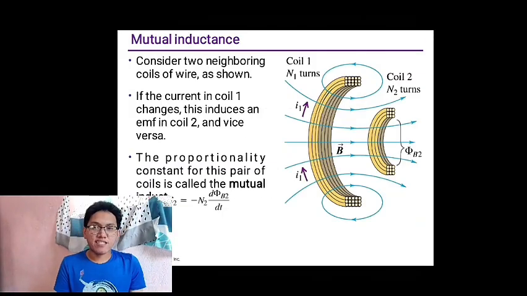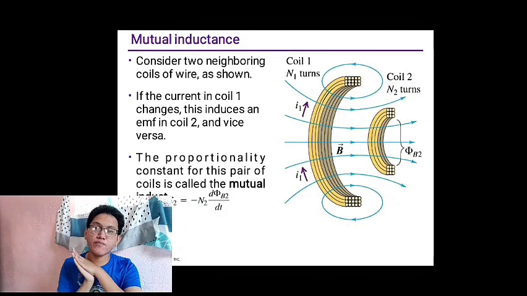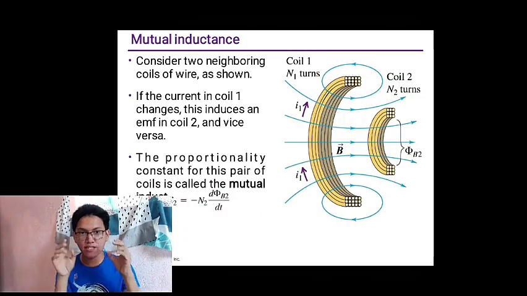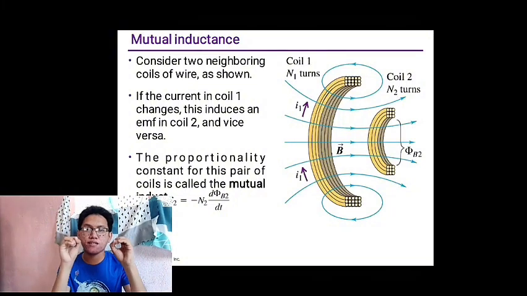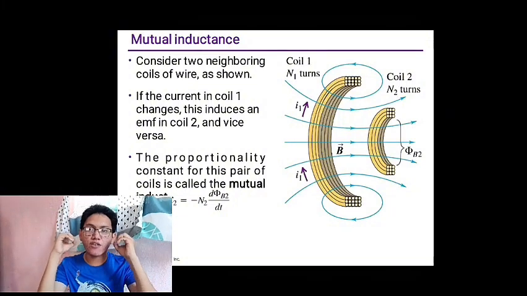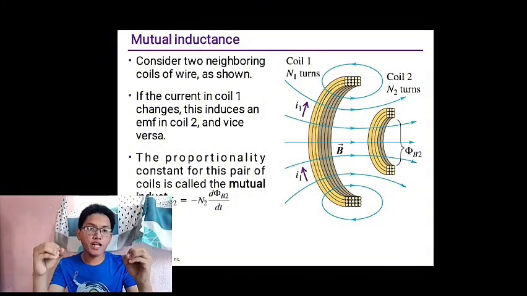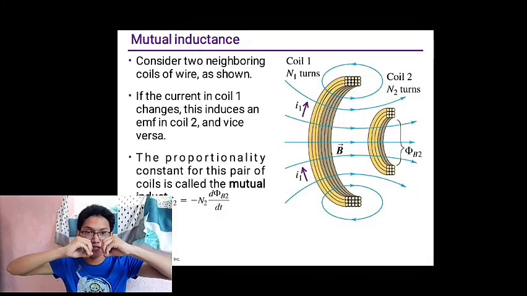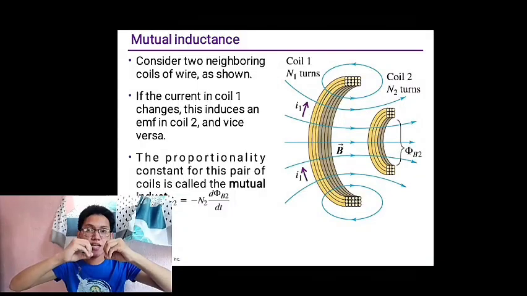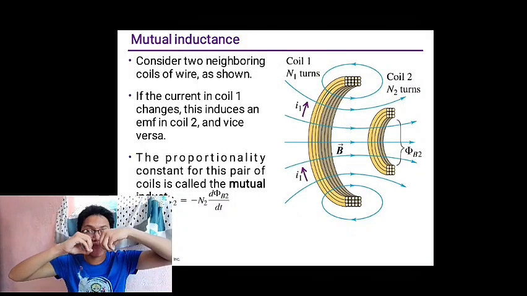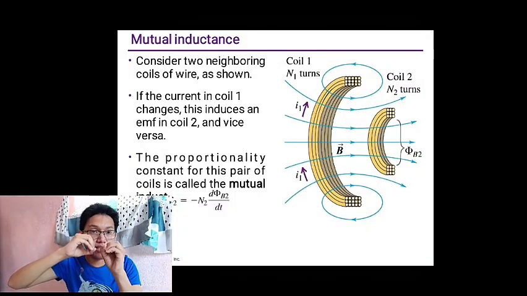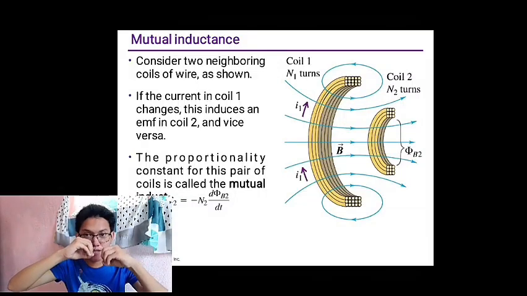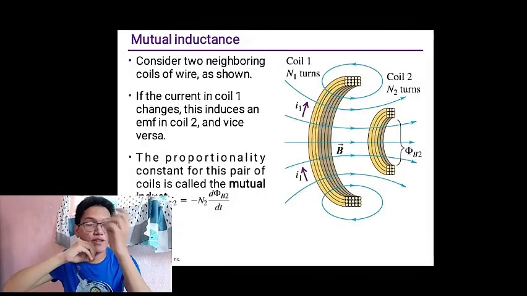So, mutual inductance. Now we move to the concept of this. Consider two neighboring coils of wire placed close to each other. If the current in coil 1 changes with time, it has turns, as I mentioned in our previous topic.